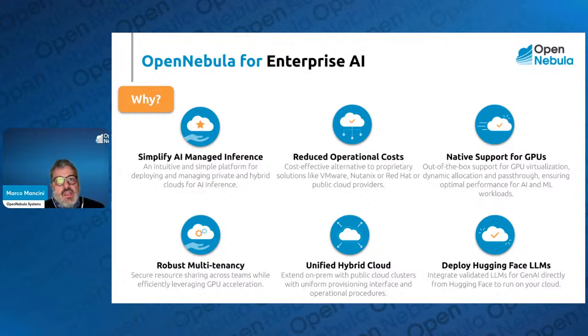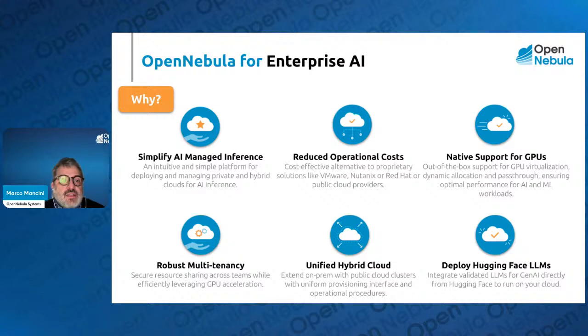OpenNebula offers you different features like users, group management, virtual data centers, and accounting, that allow you to manage in the best way your resources across, for example, different users and different teams.